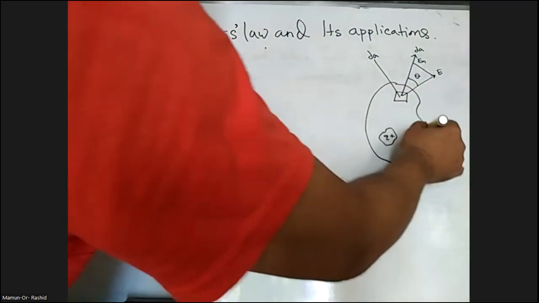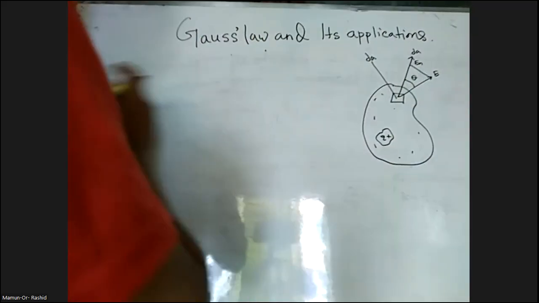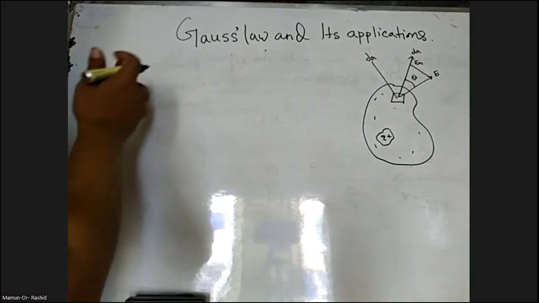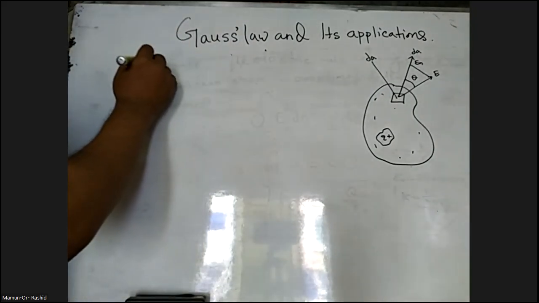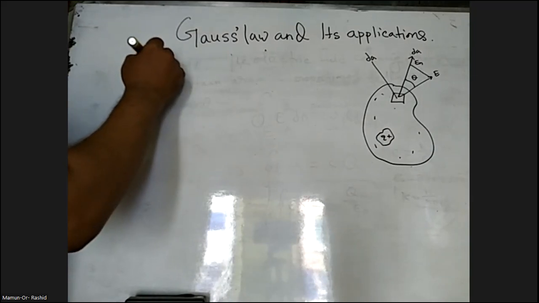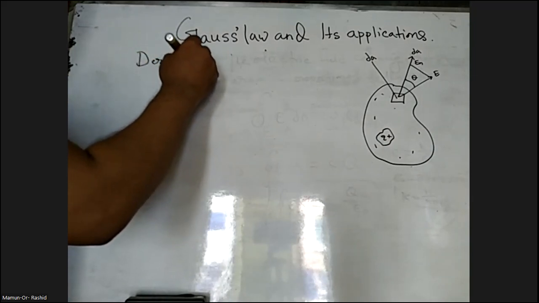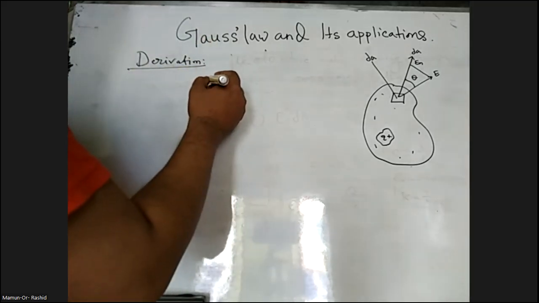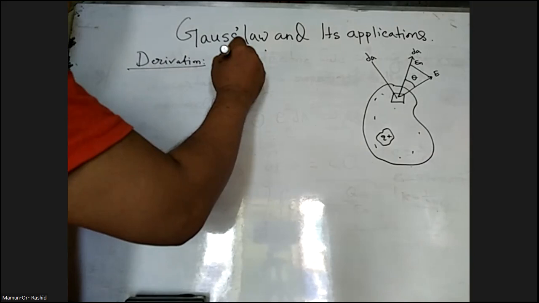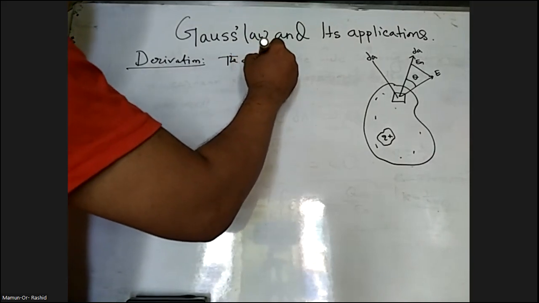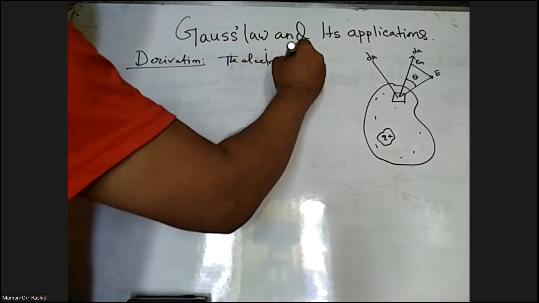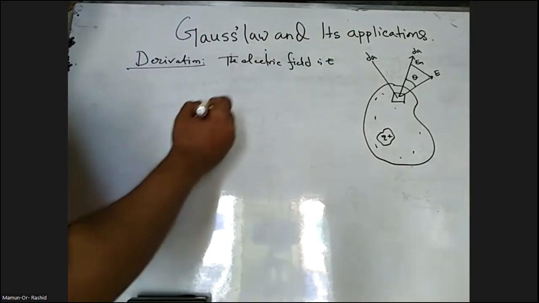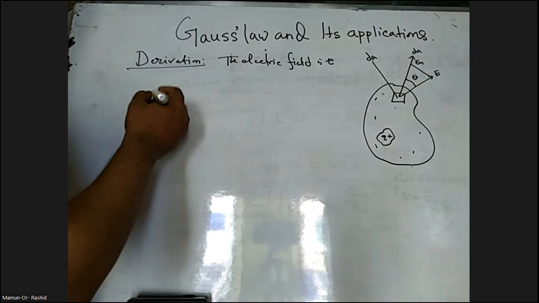So this is the whole surface, the Gaussian surface. Actually, the electric field E at every point of the surface, derivation of Gauss law.